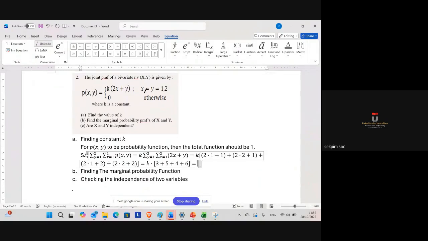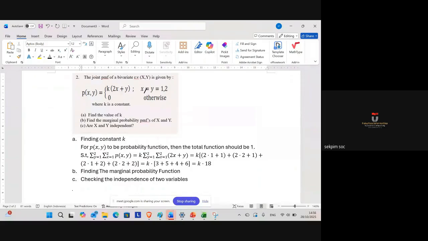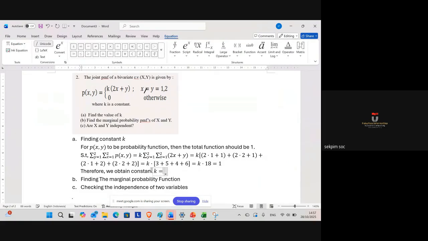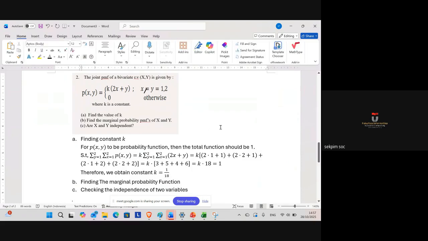So this one equals k times, this one is 9, 15, 18. And this should be 1, right? The total function should be 1. Therefore, we obtain the constant k equals 1 over 18.